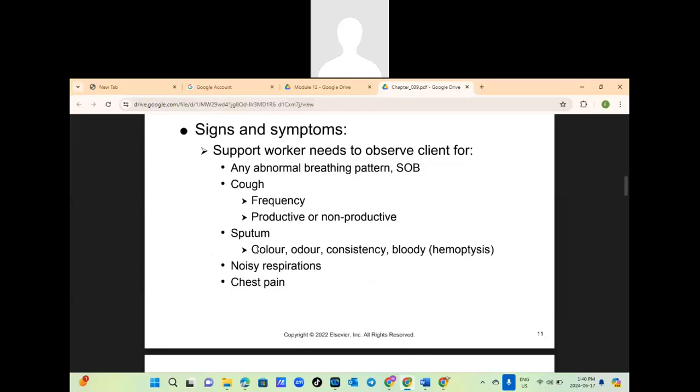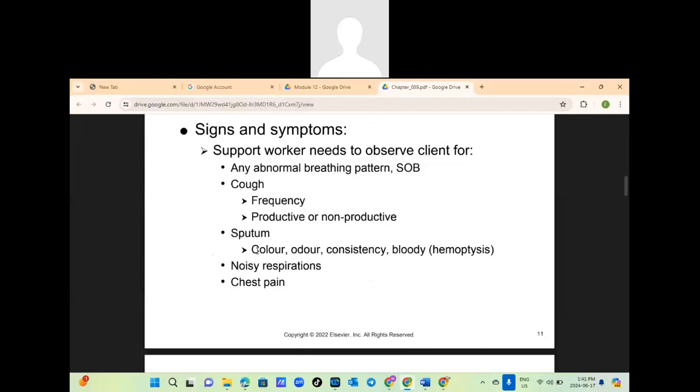Is it copious or thick green sputum? Or is it bloody? For people with, let's say, lung cancer or tuberculosis, they can cough out bloody sputum, or hemoptysis. Hemo, again, is blood.